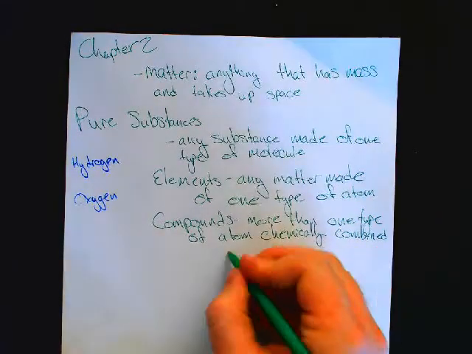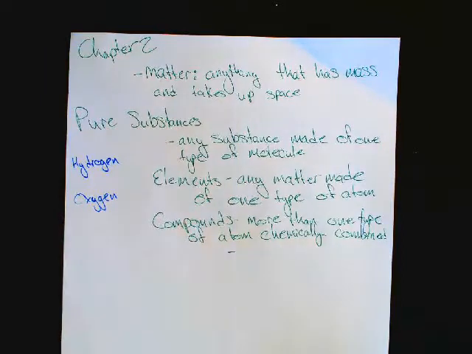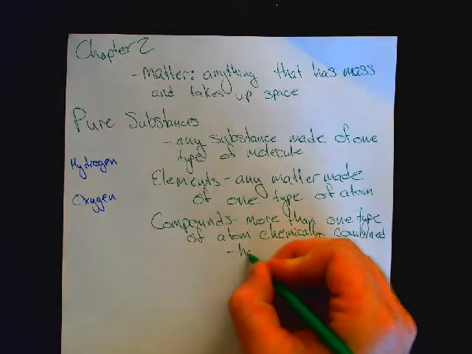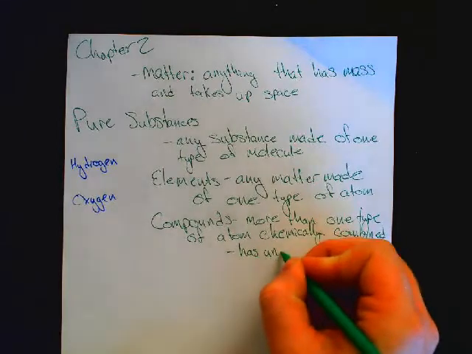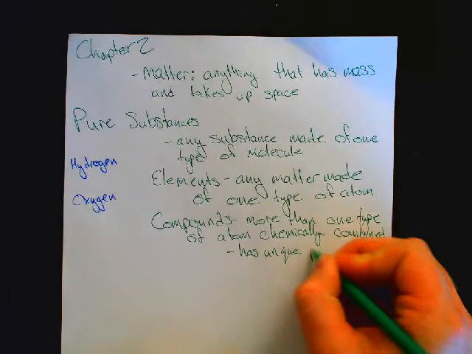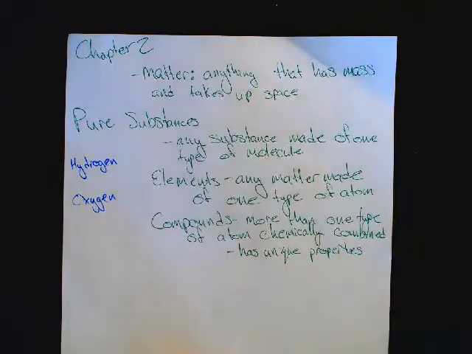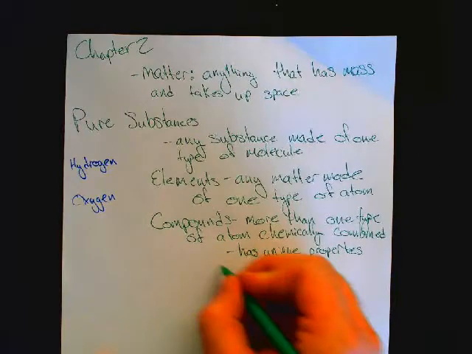And when a compound combines elements chemically, those elements lose their own individual properties. So properties of a compound are unique and independent of those of the properties of their constituents. It has unique properties compared to the atoms that make it up.